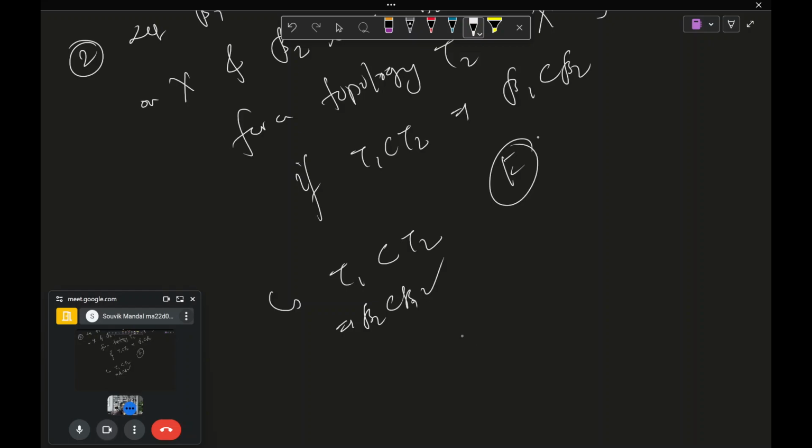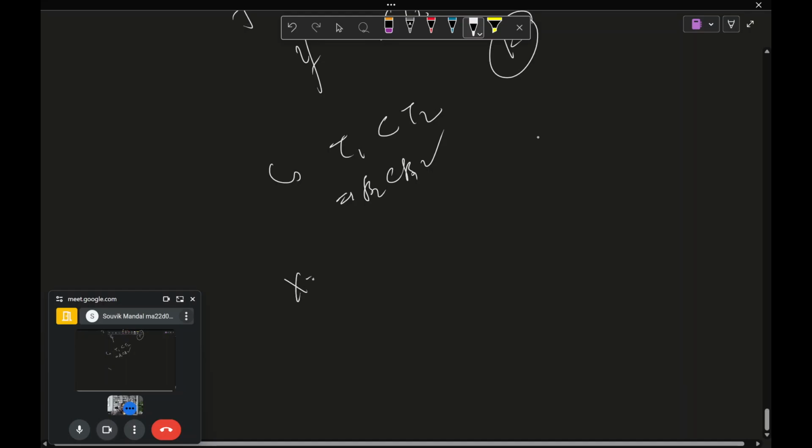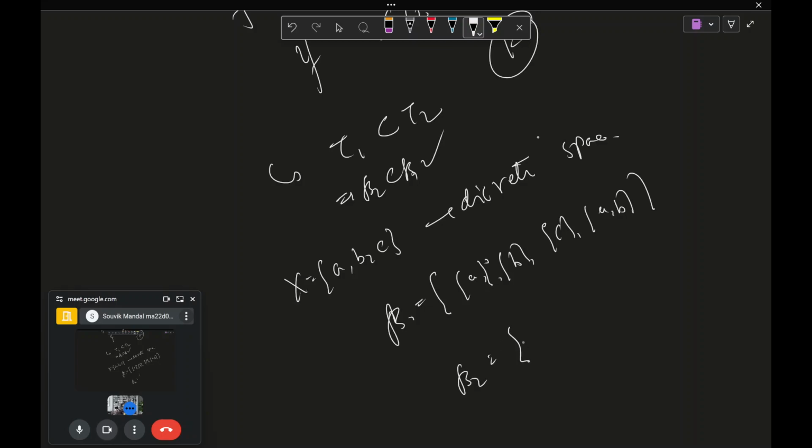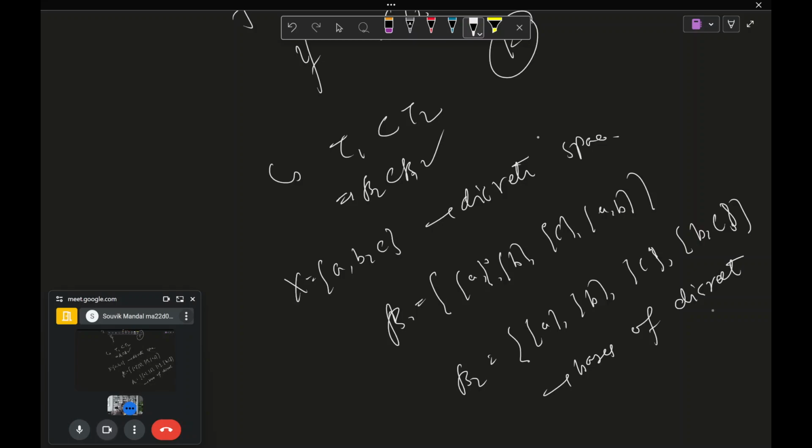So for a counterexample, choose X to be {A, B, C} with the discrete topology, with beta 1 to be singleton A, singleton B, singleton C, doubleton AB, and beta 2 to be singleton A, singleton B, singleton C, doubleton BC. These are both bases of the discrete topology.